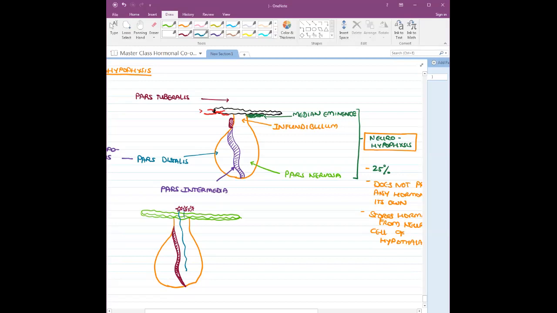One very important thing you will observe is that their axons end in certain bodies. What are these bodies, guys? We call them Herring's bodies.